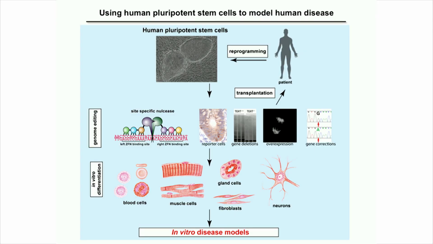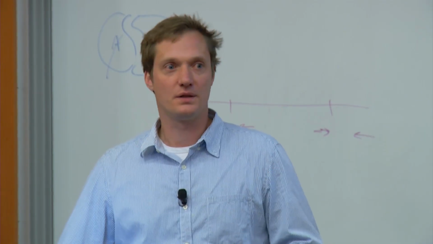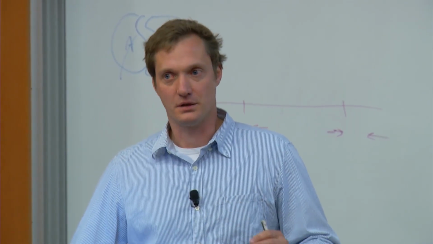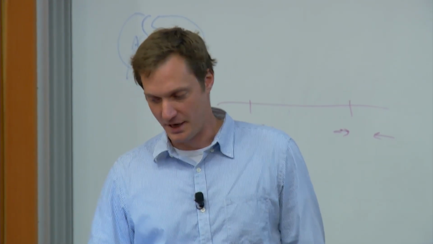And I will summarize those experiments to you because they will highlight a little bit of what you can do in ES cells with this technology, but they also illustrate the fundamental challenges and principles of this repair.